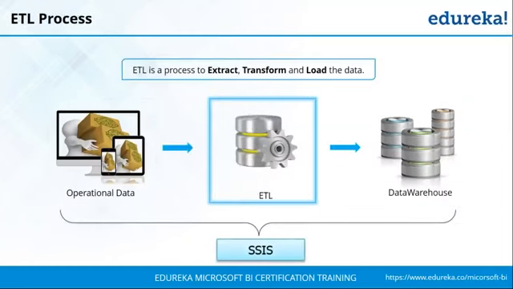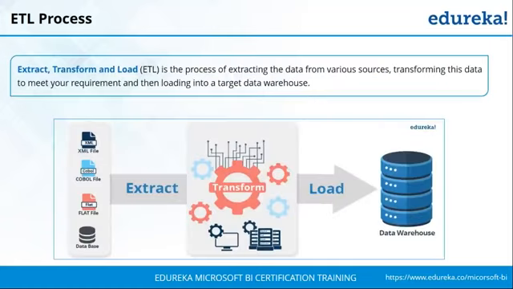Next, there is the ETL process, which is very important. ETL is a process to extract, transform and load the data. It is responsible for pulling data out of the source, which can be in any format, such as XML or a flat file, and placing it into a data warehouse.